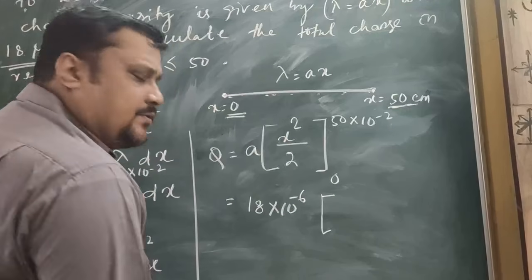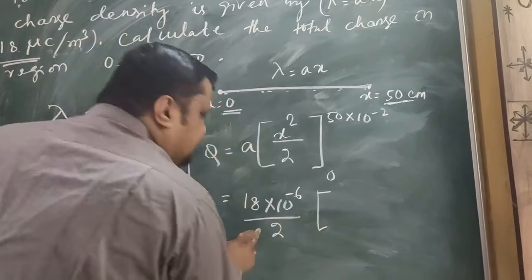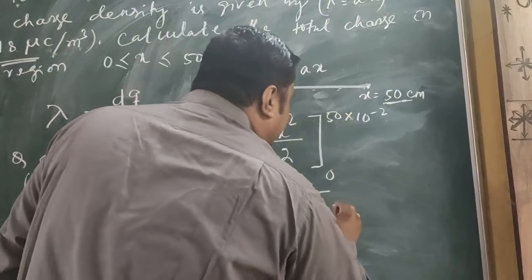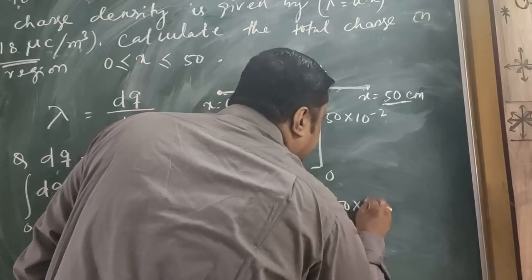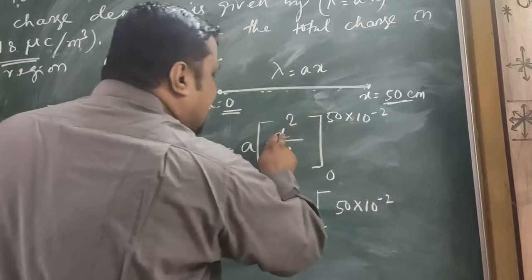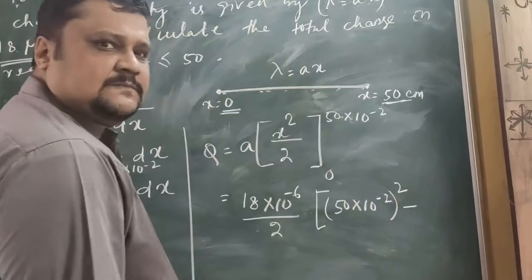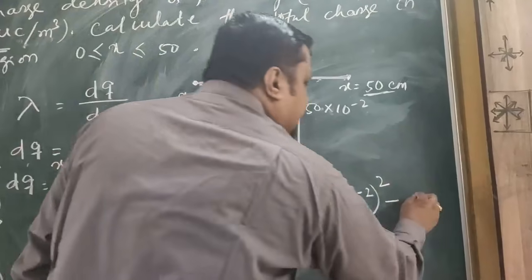x square by 2, make this 2 like this, 2 x square. Put x square, meaning the upper limit 50 into 10 to the power minus 2, whole square, minus the lower limit 0.